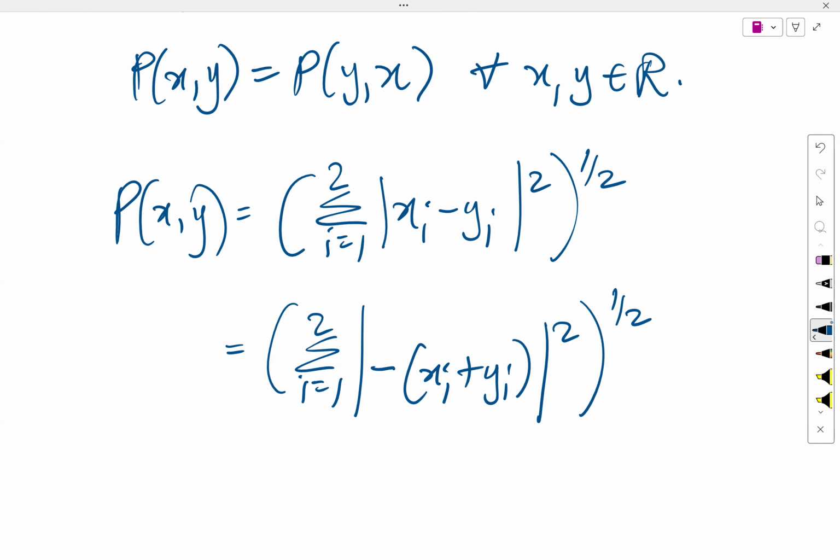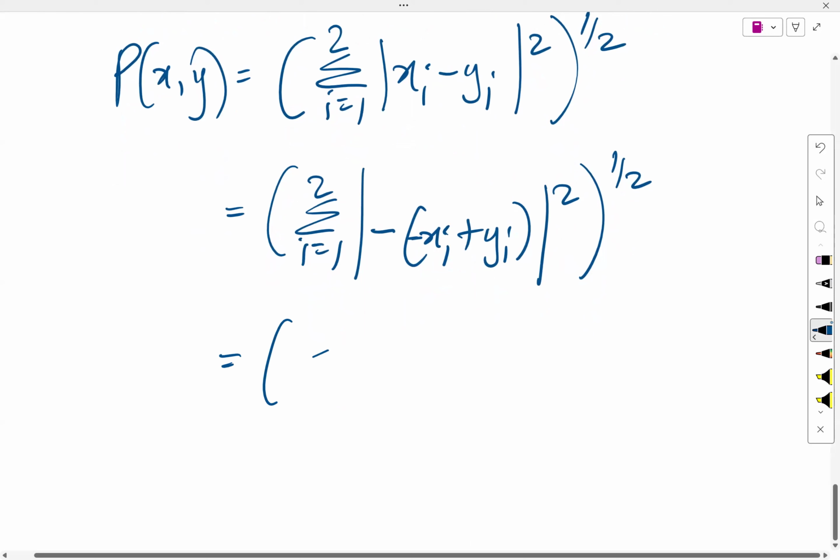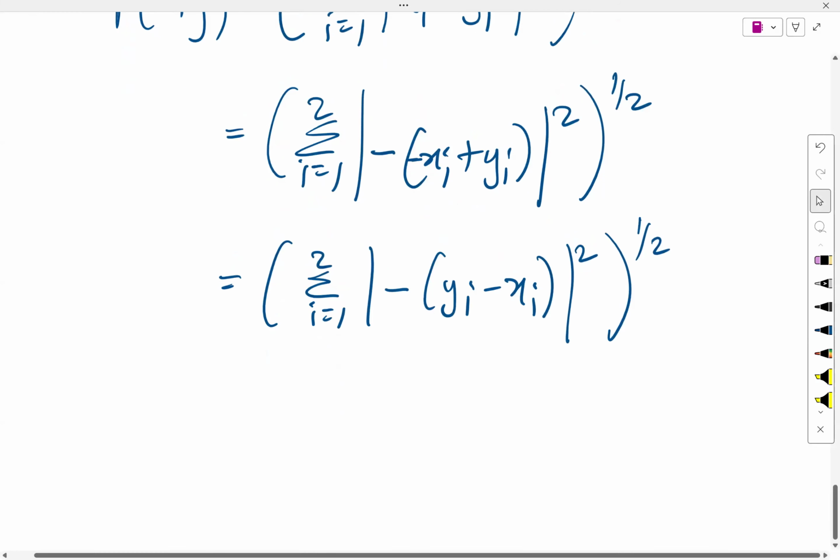Does this work? Yeah, this is okay. If we factorize minus, then we have minus here, right? So minus times minus is plus, so we have plus xi. Minus times plus is minus. So yeah, this works. That's some mathematical skill. I equals 1 to 2, and then this is minus yi minus xi, right? Like this, all squared, and then all of that raised to power half.